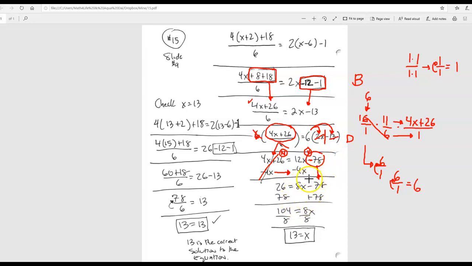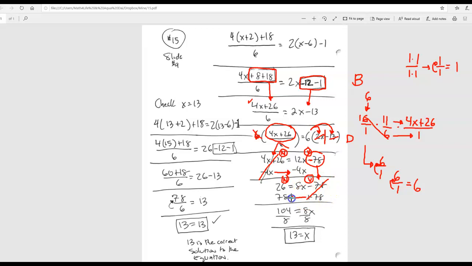So now remember that we're at variables on this side and numbers on this side. Let's continue on. So remember, I had that negative 78, but it's on the variable side. I want that to get over to the number side. So let's go ahead and clear out the variable side of any numbers. I have 78 negatives. I need 78 positives. Or if you're doing arithmetic thinking, 78 minus 78 gives us nothing.